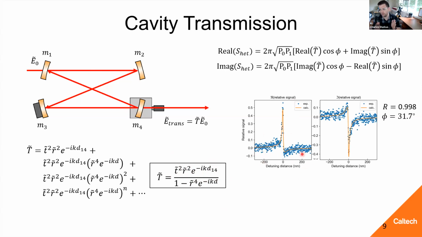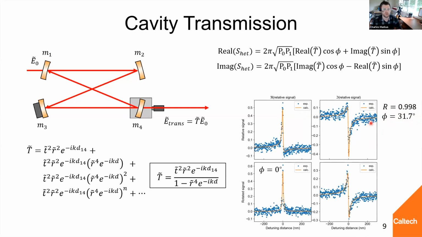On the x-axis, we have our mirror detuning, and you can see that simply using the mirror reflectivity and the detection angle, we can very accurately model these transmission line shapes. And from knowing the detection angle, we can rotate this to 0 degrees, in which case we see the real part looks like this nice transmission signal, and the imaginary part is the dispersion of the cavity.